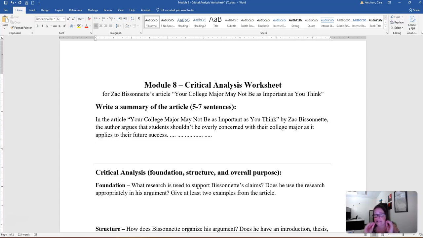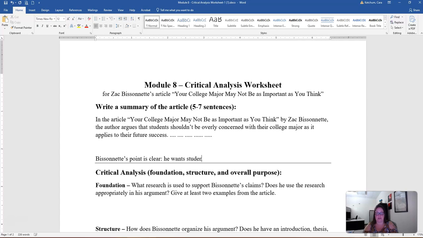And then the last sentence, when I'm done with my summary, is going to be something that answers: what does the author want the reader to understand at the end? When all is said and done, what was the point? So, Bissonette's point is clear.